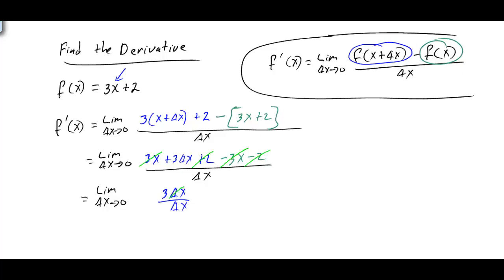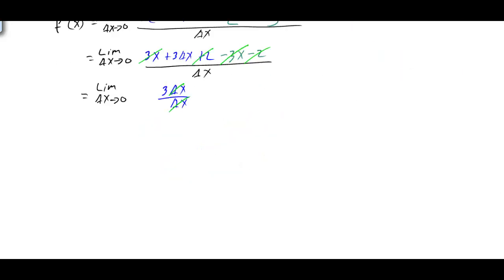And notice your delta x will cancel. So then we are able to take the limit of 3. Once again, we end up with a constant, and we simply know the limit there is going to be 3. So therefore, that is our derivative.